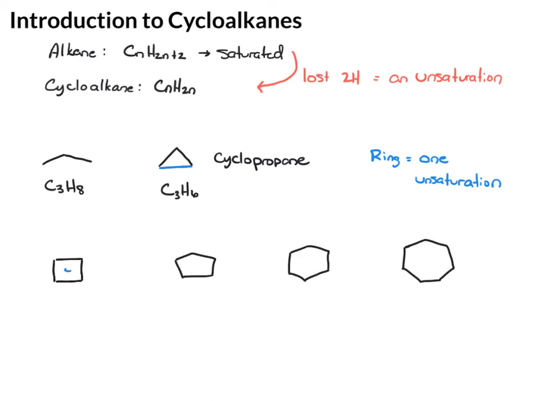You can have rings with 4 carbons, 5 carbons, 6 carbons, 7 carbons, and so forth, getting up into very large rings. So these are named just based on the number of carbons. 4 carbons we know as butane for the acyclic version, and for the cyclic version we would call this cyclobutane.